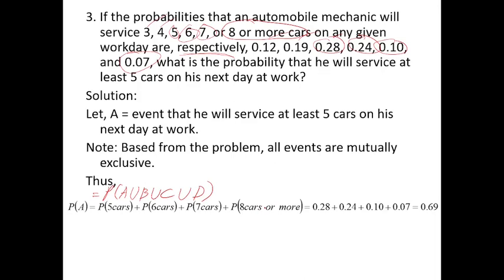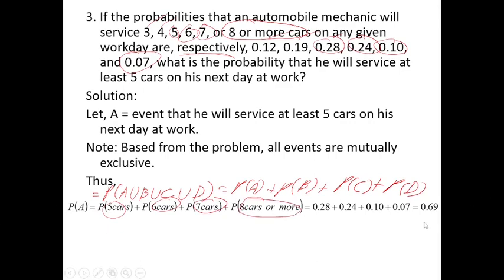Yung D, magsaservice siya ng 8 cars or more. Tapos add lang natin yan, probability of A, okay, plus probability of B, plus probability of C, plus probability of D. Okay? Kaya 5 cars per A, B, 6 cars, C, 7 cars, D, 8 cars or more. Okay? And that gives us 0.69.